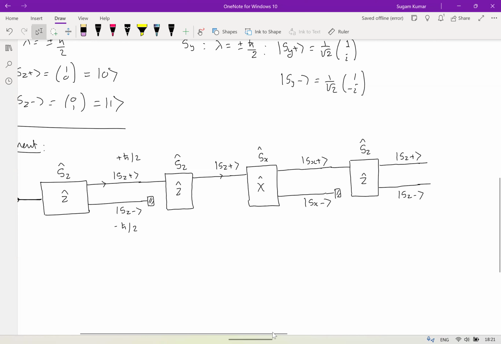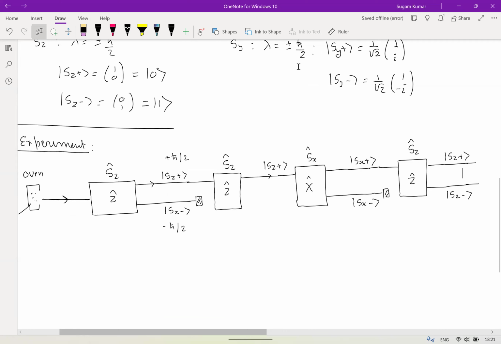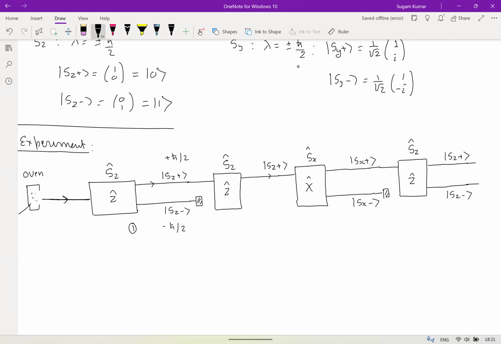I can show you mathematically how it happens. Initially, in stage 1, you already blocked the beam Sz negative, but now this beam is reappearing.